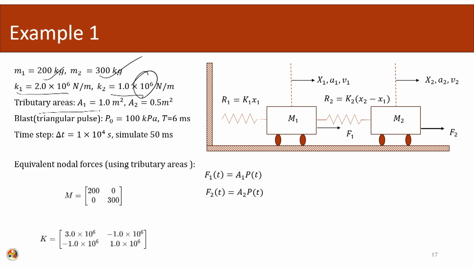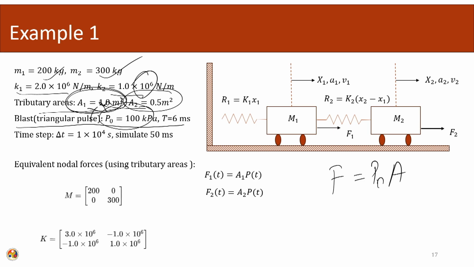Then the tributary area: this tributary area we will multiply with the blast pressure in order to calculate our force. Basically, force will be P naught times the respective tributary area. This is the blast angular pulse, in terms of pressure, so it will be multiplied with this tributary area to calculate the blast loading, and time is 6 milliseconds.